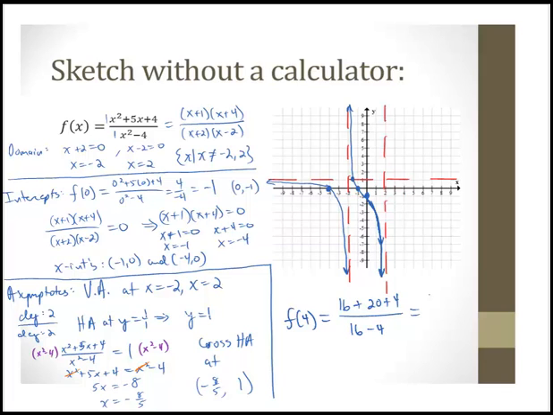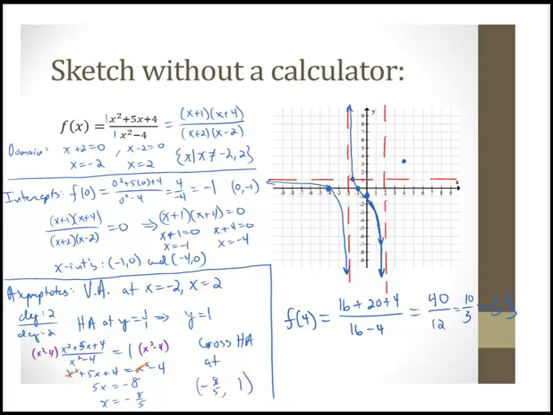So that's 40 over 12. Let's reduce that by 4. That's 10 over 3, which is 3 1/3. So f of 4 is 3 1/3.